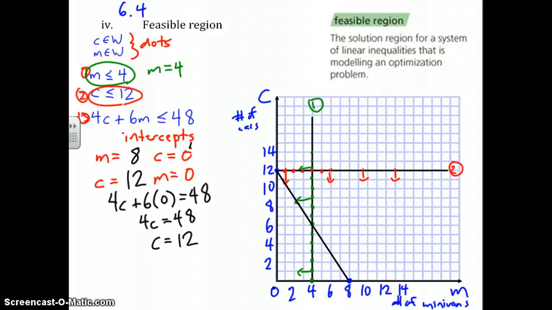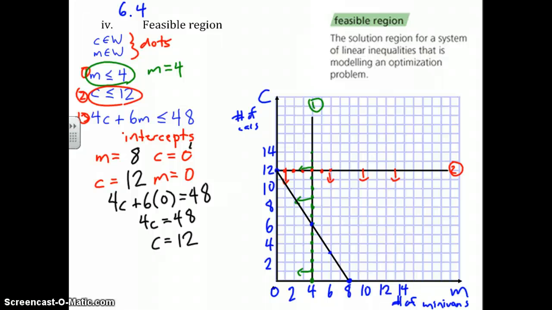Okay, so we've got a guideline like that, and in this case, along that line, we don't really have that many dots that actually are on that line. So keep in mind, it's only points on that line that actually have m and c values that are whole numbers, and so it looks like maybe this one is. All right, we'll worry about that more when we get to 6.5 and 6.6.